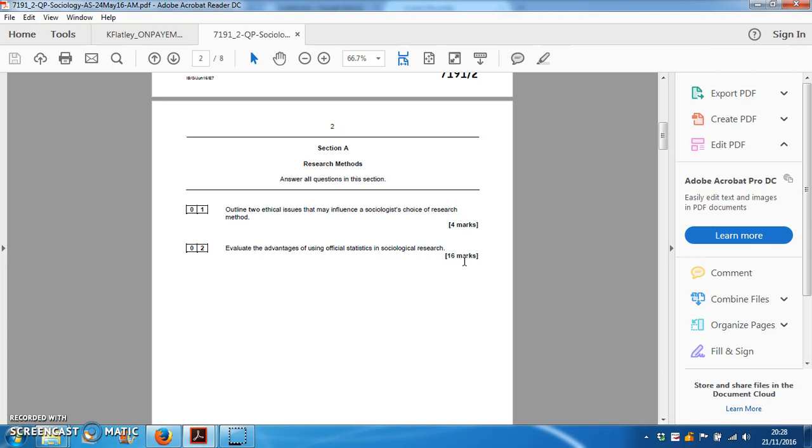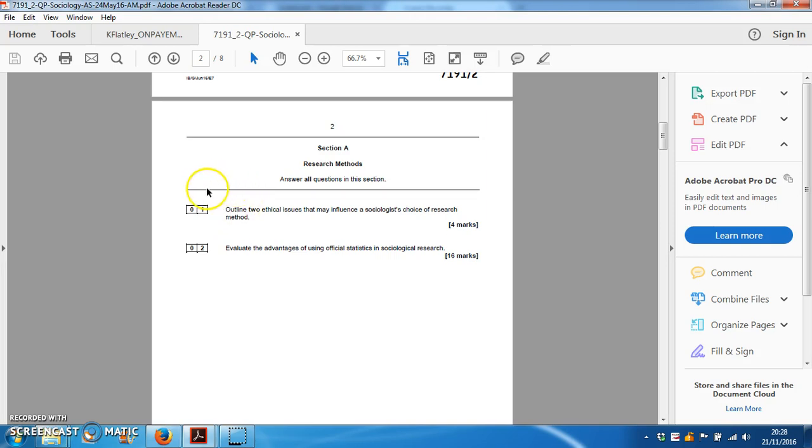And they could also ask you anything about the practical, ethical or theoretical considerations for choosing a topic. And they could also ask you about all the things to do with research, such as sampling techniques. Just double check the specification in case I have missed anything off there.